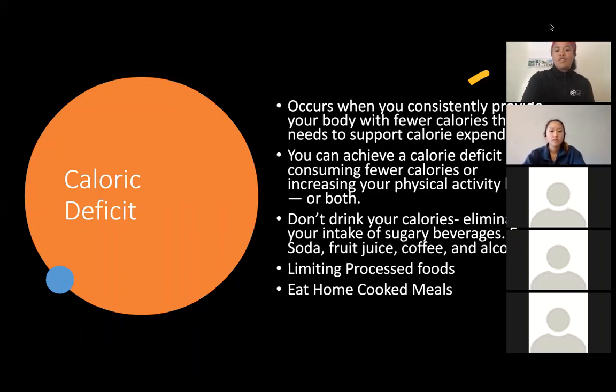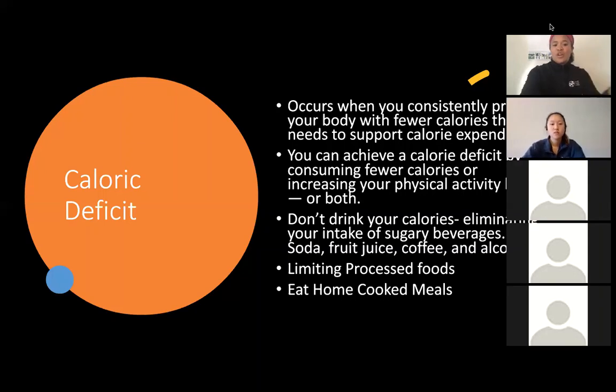We want to be able to lose weight, but we have to make sure we're putting the right calories in our bodies. Are we in a caloric deficit? Are we counting our calories to see if we're going to meet that goal of weight loss? We'll go into more tips as we go on, but the next couple of bullets are just little ways of how you can start to decrease your calories.